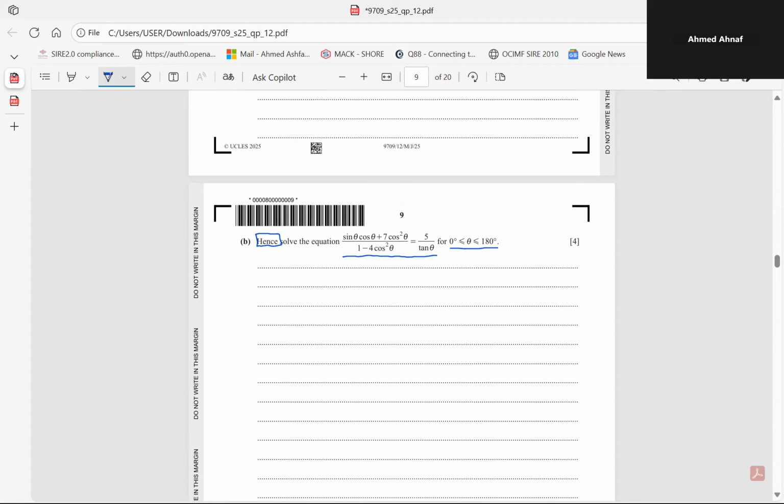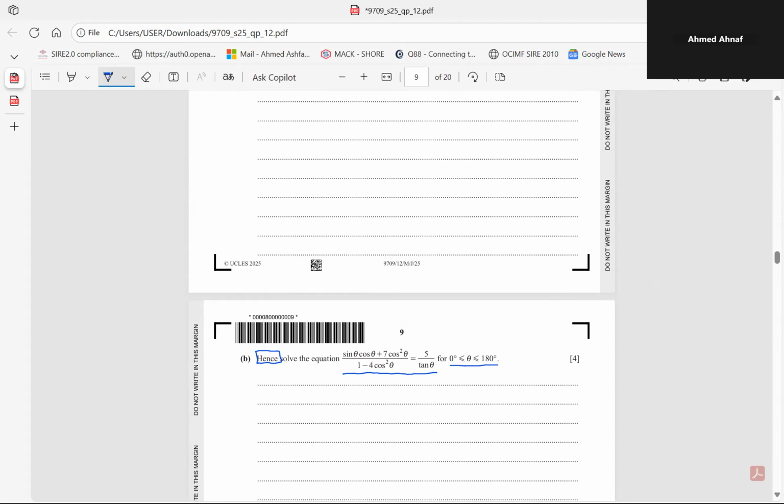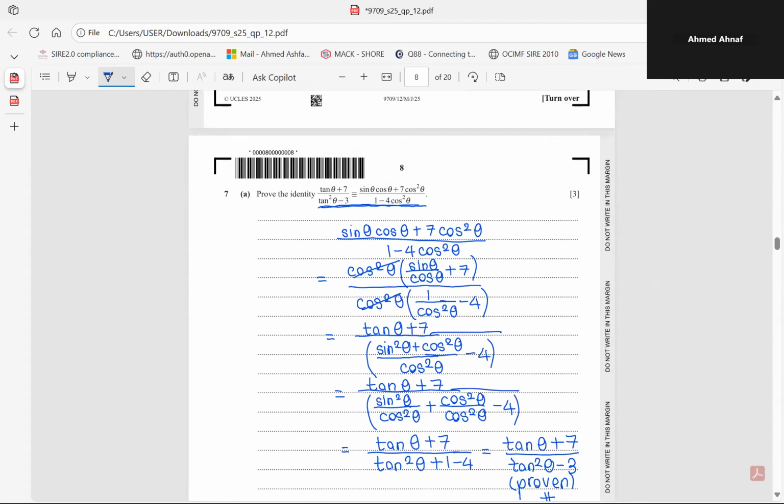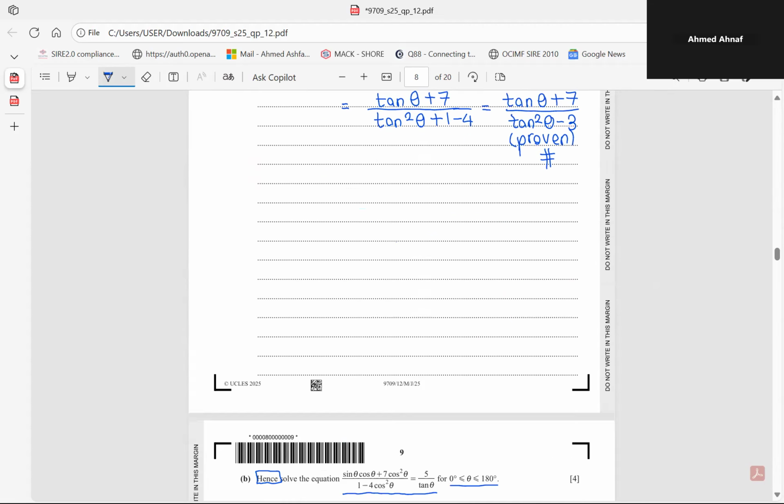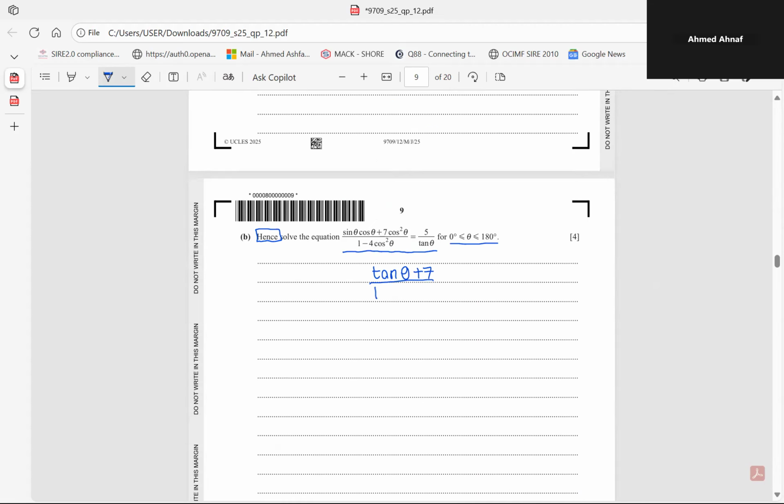And as we can see, the left-hand side of this equation is also a part of our identity that we proved. So we can just rewrite this equation as tangent theta plus 7 over tangent square theta minus 3 equals to 5 over tangent theta.